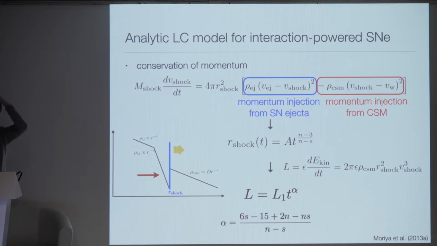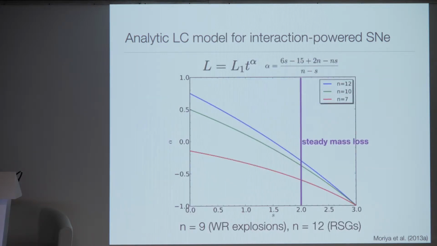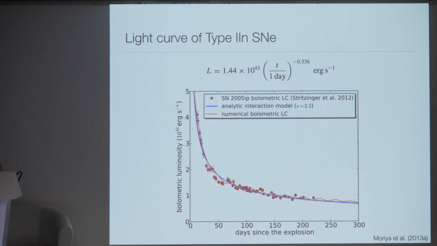But of course, in the numerical simulation we also have some parameter to adjust this efficiency. So it's hard to tell, but we basically adjusted this epsilon to get a good match. Yes, it's around 0.1.